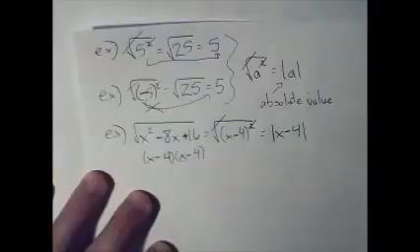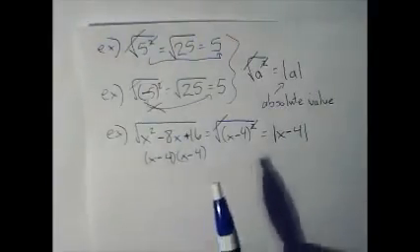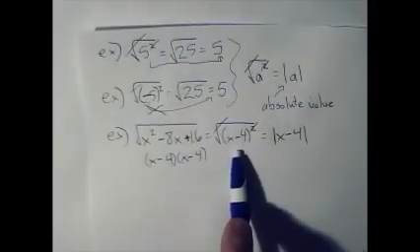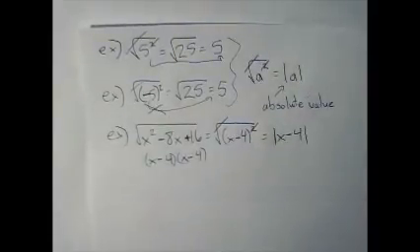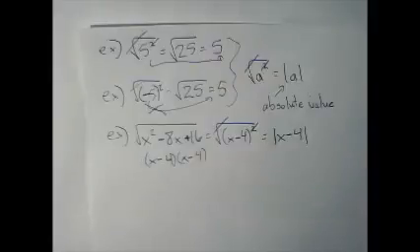It's going to force it into being the absolute value of, because again, either of those values, when I square it, is going to make it positive, which I can then take the square root of. And notice the absolute value does not affect the sign of that negative 4. It's only if it's just a single number individually. When it's a binomial, you got to keep the sign of that constant.